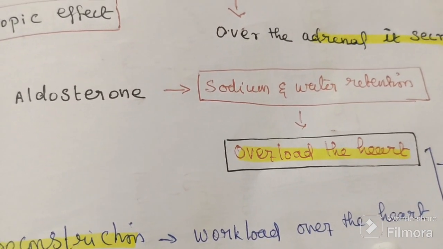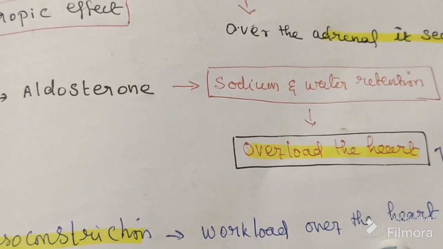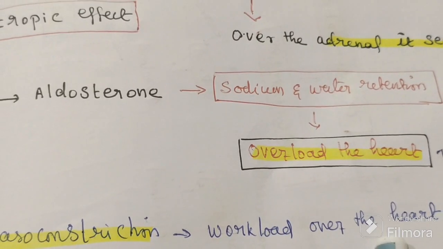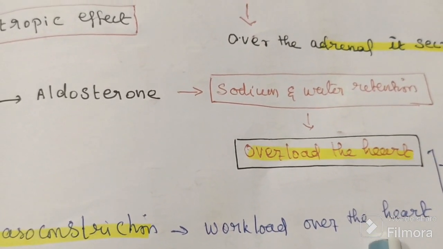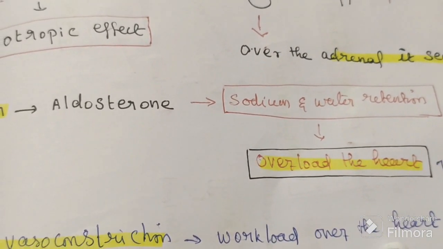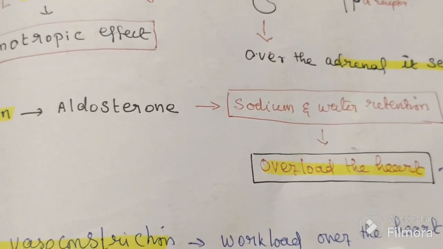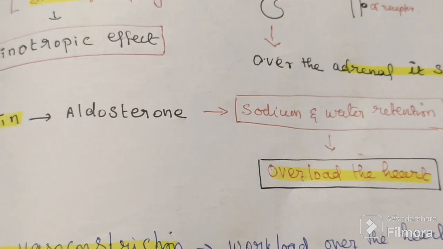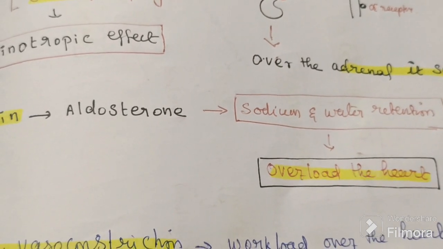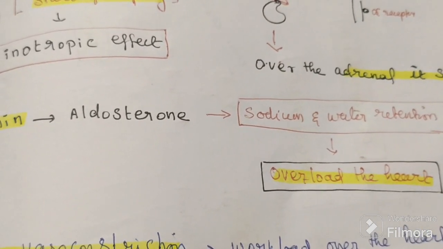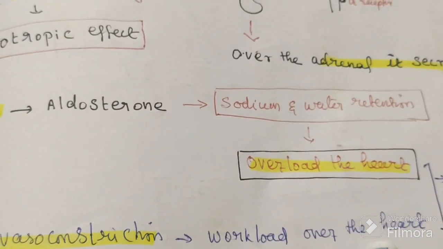So the heart is failing, the left ventricle is unable to pump. There are 5 liters of blood in our body, and the heart is unable to pump these 5 liters because the left ventricle is weak. But you are increasing it to 6 to 7 liters.